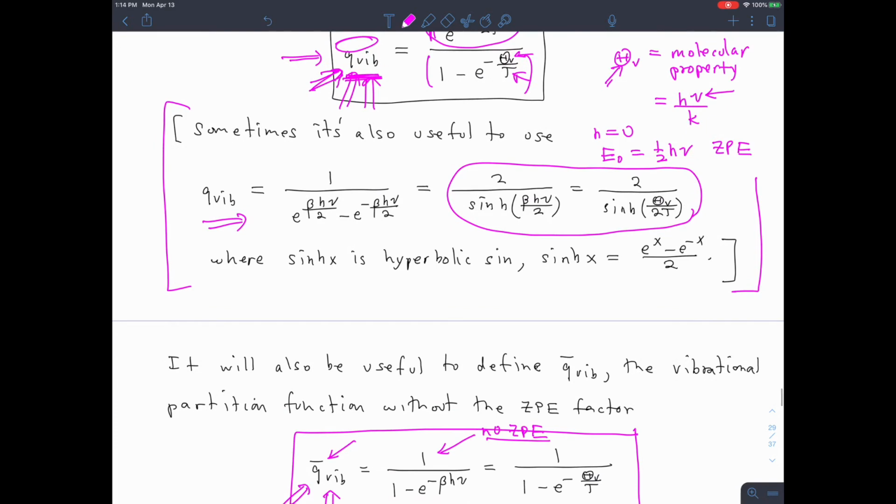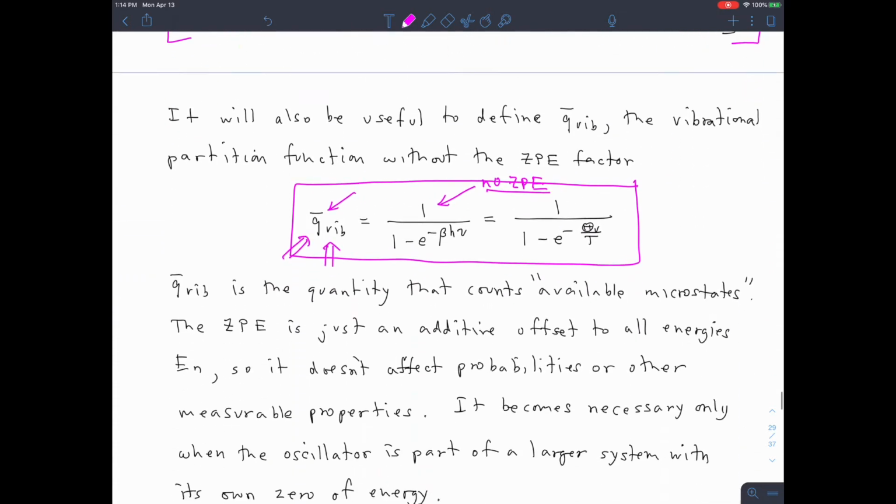It's also occasionally easier to use than the original one we talked about up here. I'm not sure what to say apart from that, because it really doesn't tell you anything different than what the original form does. It's just an easier mathematical form. It's 2 over a hyperbolic sine of theta v over 2T. All right.